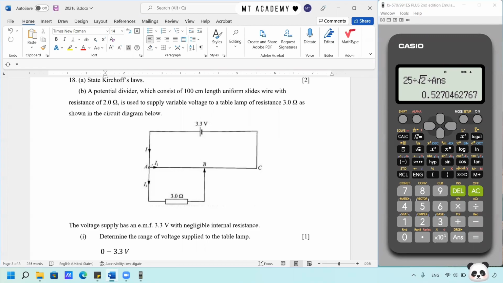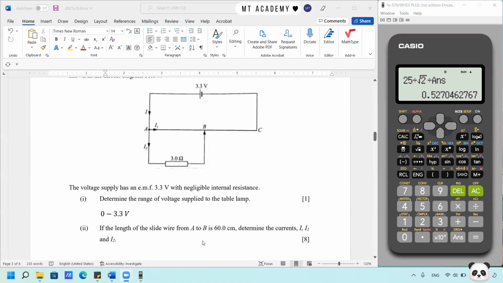And for maximum voltage, it can be connected to point C to obtain the full potential difference across A and C. Since we ignore the internal resistance, the maximum is equal to the EMF of the battery, 3.3 volts. If you have internal resistance, you will expect a lower maximum voltage because we have a voltage drop across the internal resistance.